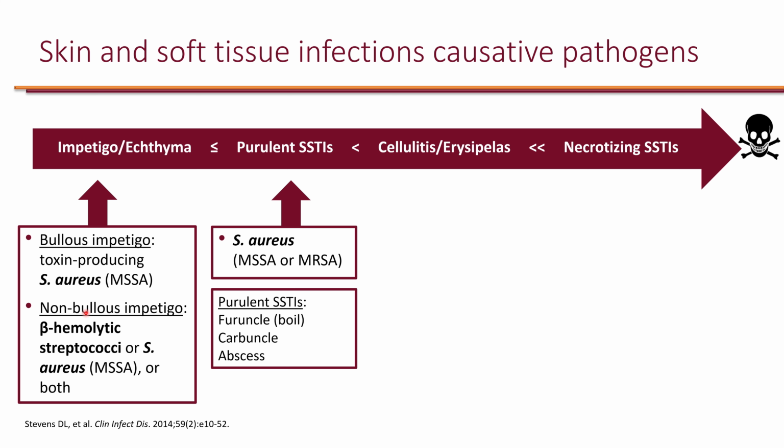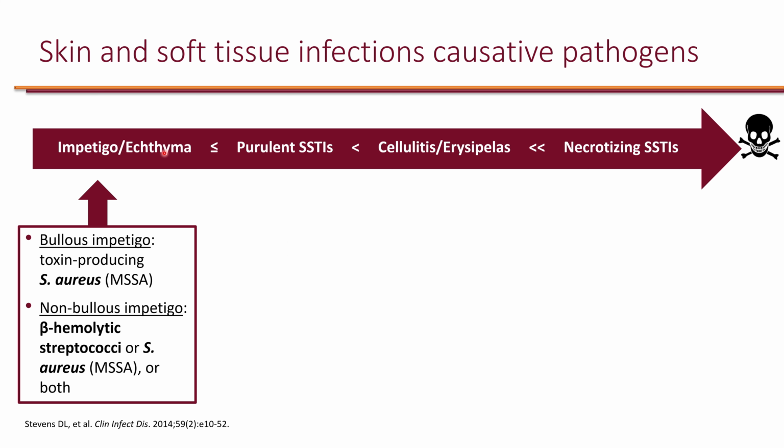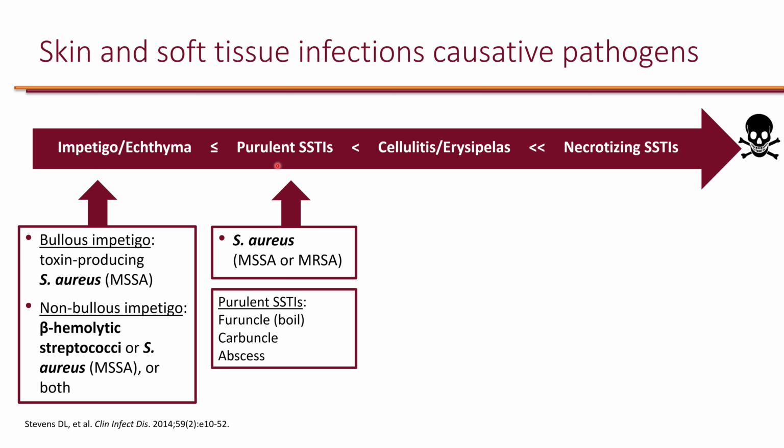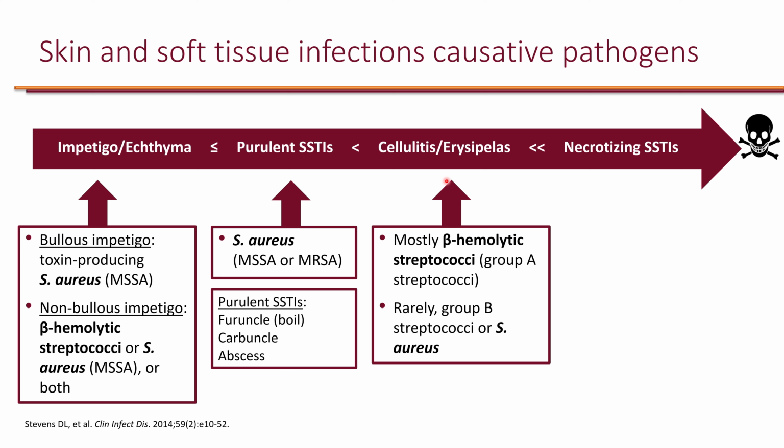I should mention this is the same for eczema as well. For purulent SSTIs, some examples of purulent include furuncle, carbuncle, and abscess. This is primarily Staphylococcus aureus, and that could be MRSA, so MSSA or MRSA. With cellulitis or erysipelas, it is mostly beta hemolytic strep, and rarely it can be group B or Staphylococcus aureus.